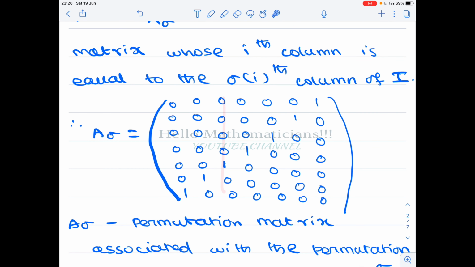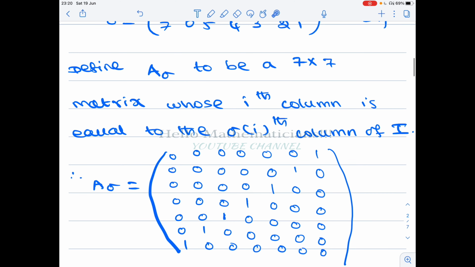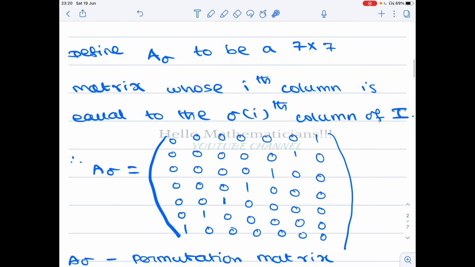Okay. So what we observe is the matrix of the linear transformation T with respect to the standard basis is precisely the matrix A sigma. Okay, so that is our first observation. Okay, so what we have concluded is whatever we have done, we can do it for an arbitrary matrix.